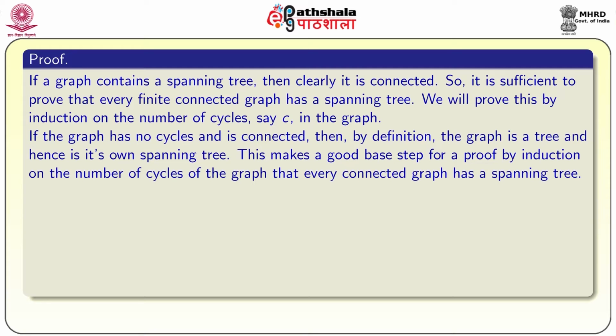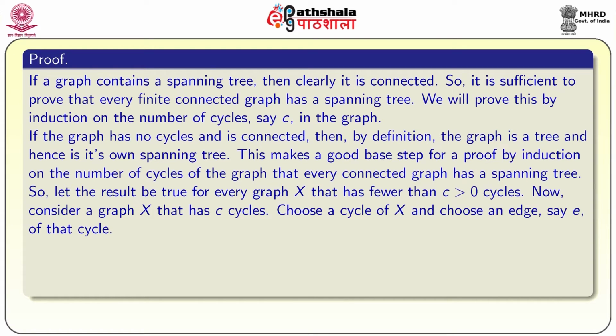Now, by induction on the number of cycles of the graph, we show that every connected graph has a spanning tree. Let the result be true for every graph that contains fewer than C cycles, where C is greater than 0. Now, consider a graph X that has C cycles.